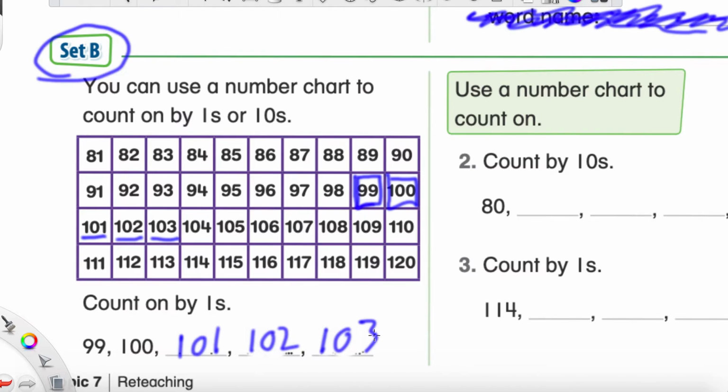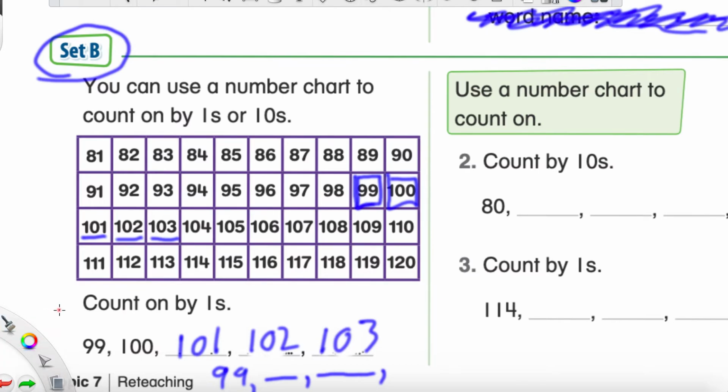Now, if we were to start from 99 and have to count by tens, we would do that a little different. Let me write that down here. So if we were at 99 and we were counting by tens, what do you think we would do first? Let me actually get a different color.